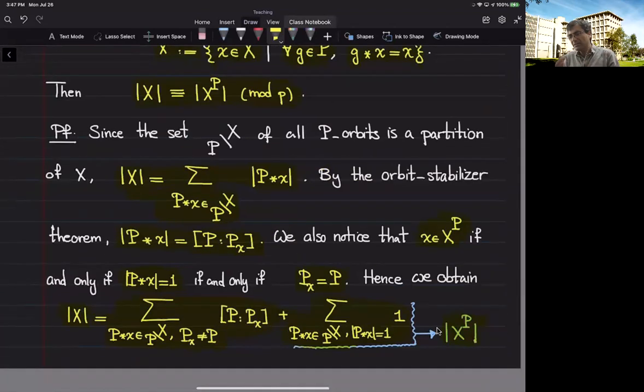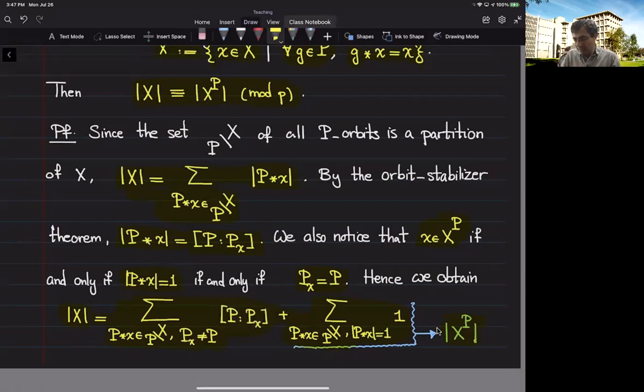Now, divisors of p to the n are essentially p to the m for some integer that's non-negative and at most n. But we did not prove this result, but what we proved is that a divisor of p to the n is definitely a multiple of p unless it is 1. So every divisor of p to the n is a multiple of p unless it is 1.